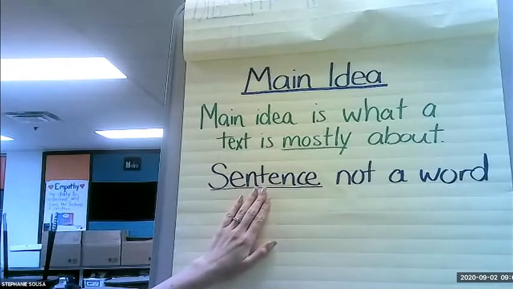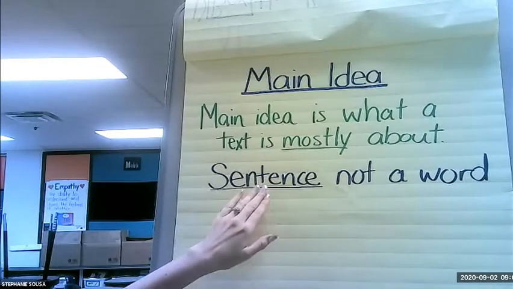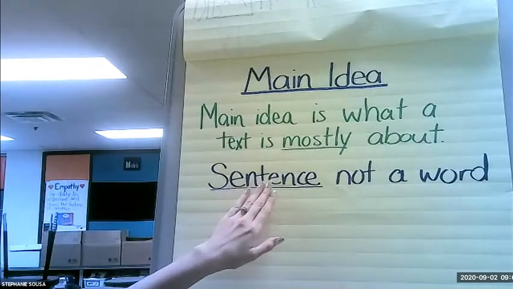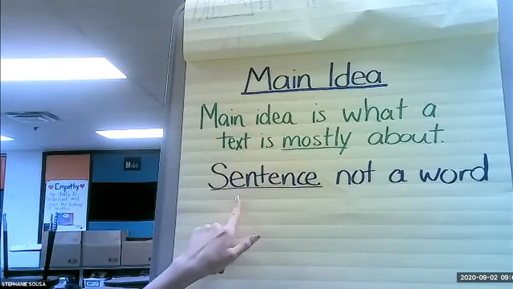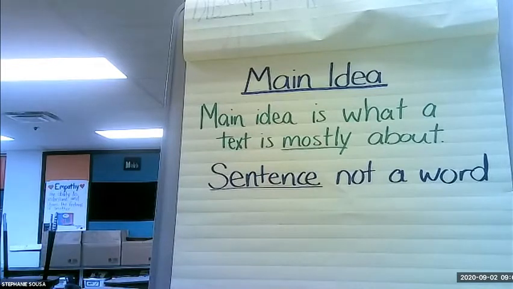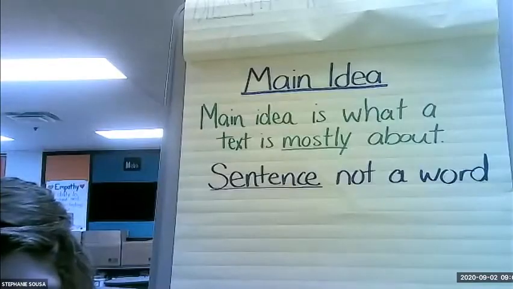So here's an example of what would be correct. The main idea is how flowers grow. Now it's a full sentence and it's more than a one-word topic, okay? So main idea is different from a topic. It gives you specific information about a concept. So main idea is a sentence, not a word.